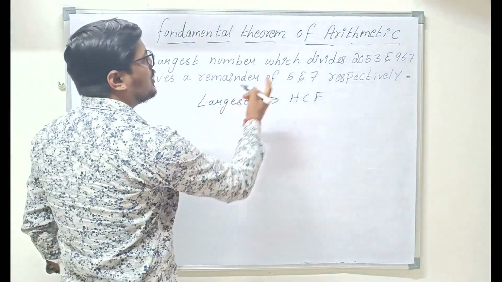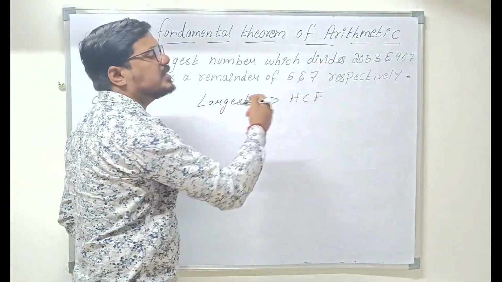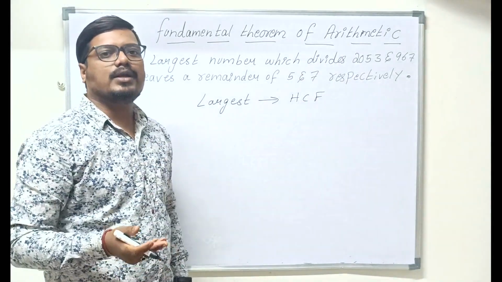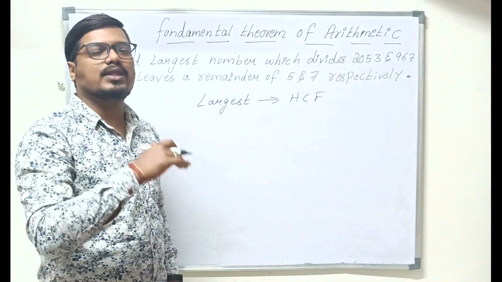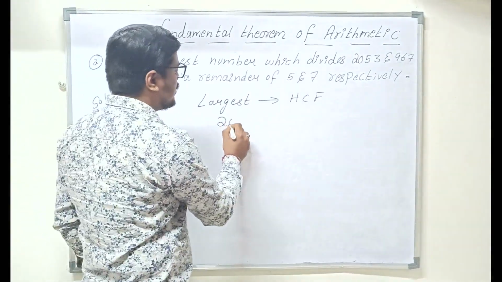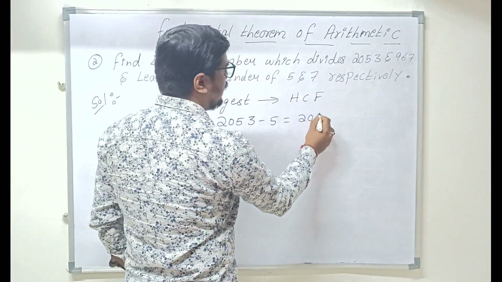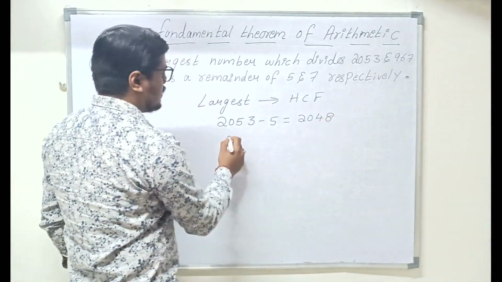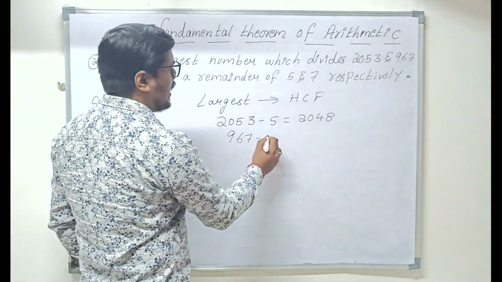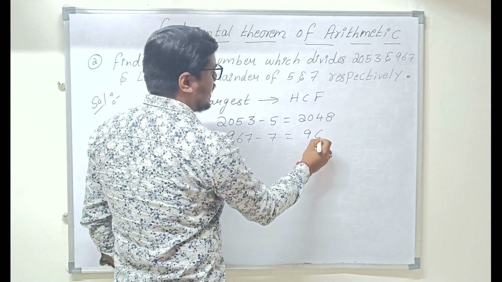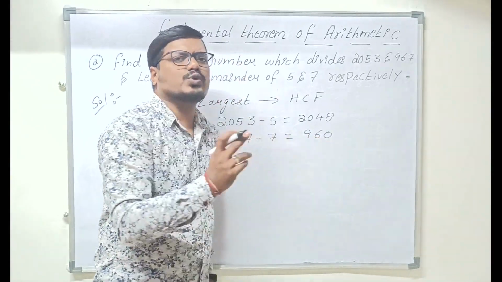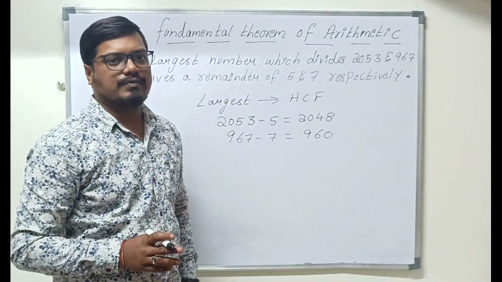Next step is, they say 2053 leaves a remainder. So leaves a remainder means that you need to subtract from the given number. That is 2053 minus 5, you will get 2048. Next 967 minus 7, I will get 960. For these two numbers, you need to find HCF, children.